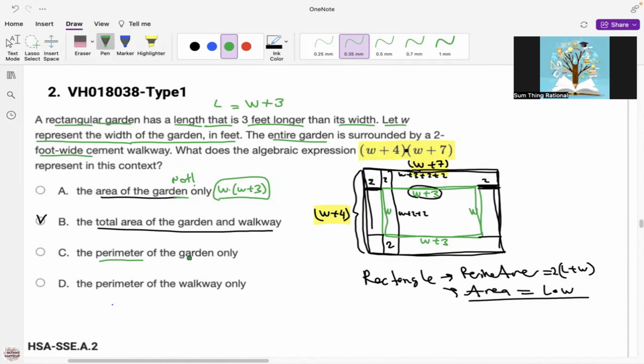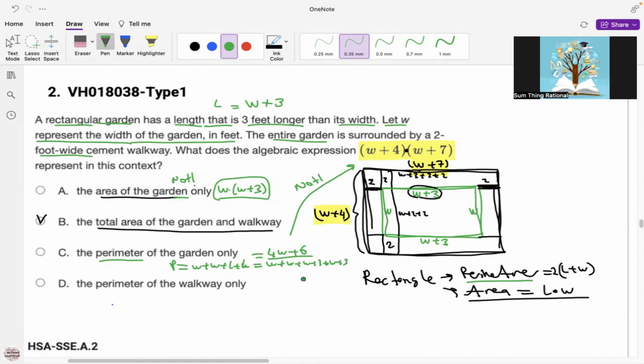When we calculate the perimeter, it means the measurement of the surrounding: length and width plus again one more width and one more length, which is 2 times length and width, so W plus 3 and W plus 3. When I add them, I have 4W, and 3 plus 3 is 6. So 4W plus 6 is the perimeter of the garden, which again does not match what they want from me. This is also not the answer.